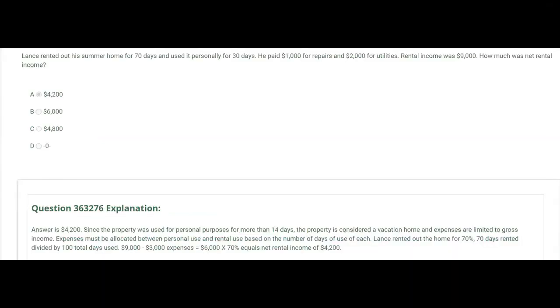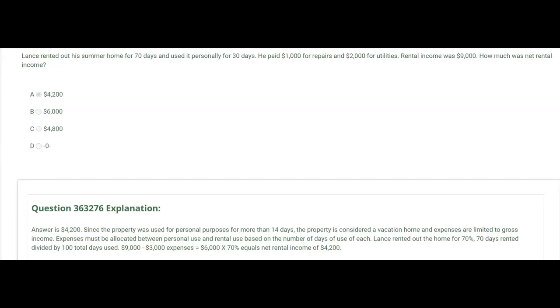Lance rented out his summer home for 70 days and used it personally for 30 days. He paid $1,000 for repairs and $2,000 for utilities. Rental income was $9,000. How much was net rental income? Well, since the property was used for personal purposes for more than 14 days, then the property is considered a vacation home, and expenses are limited to gross income.